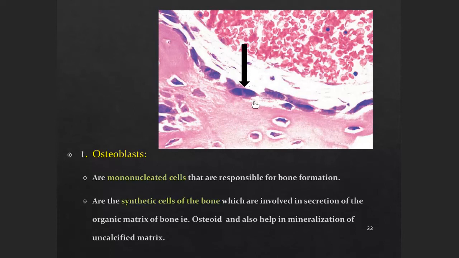So they are very important. How? First, they are involved in the secretion of the organic matrix, which helps in the rigidity of the bone, and they also help in mineralization of uncalcified matrix. So basically they handle both the organic matrix as well as the inorganic matrix.